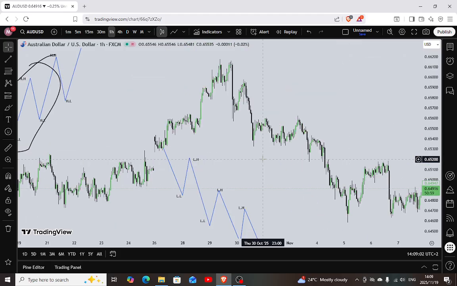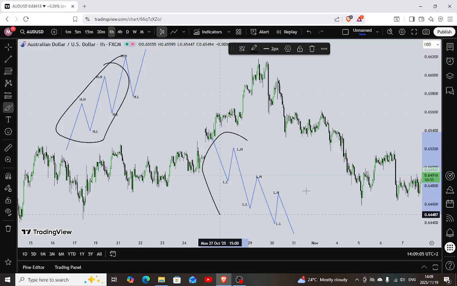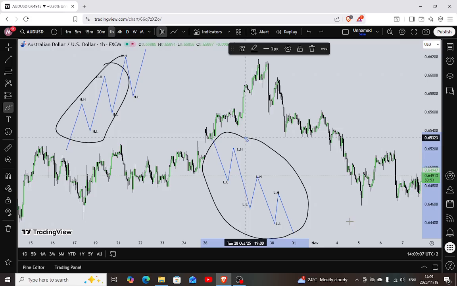This is 100% classified as a downtrend. As long as you're seeing this market movement, it means the market is on a downtrend.